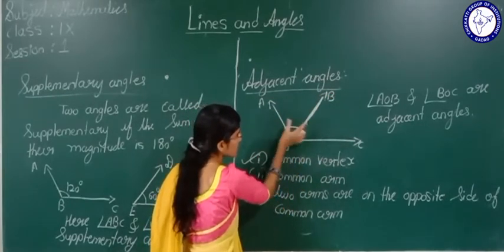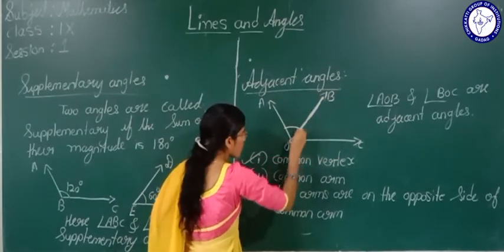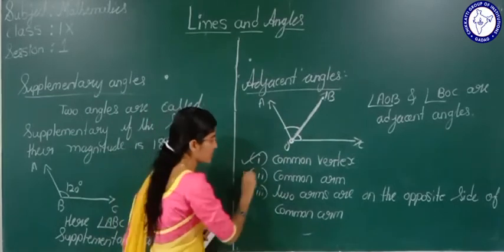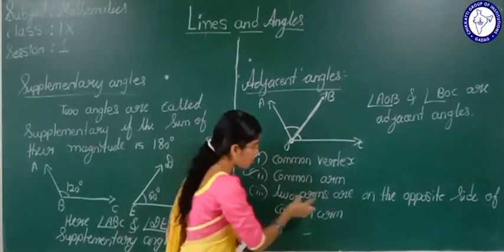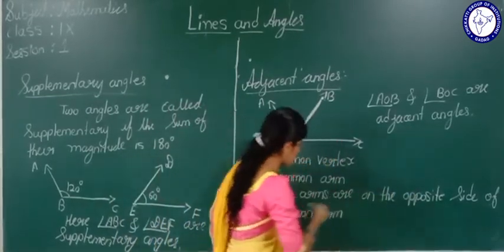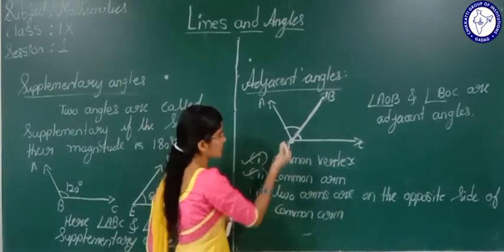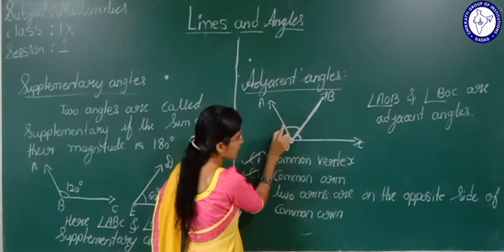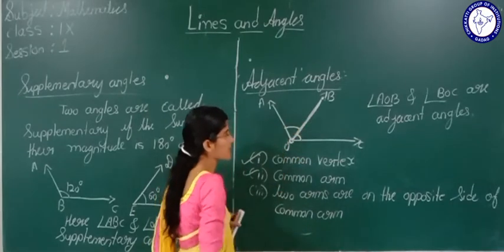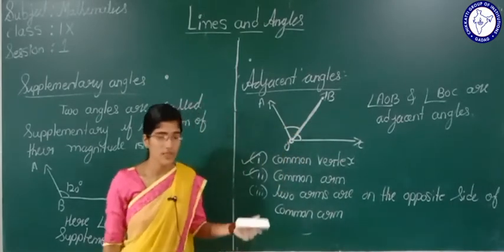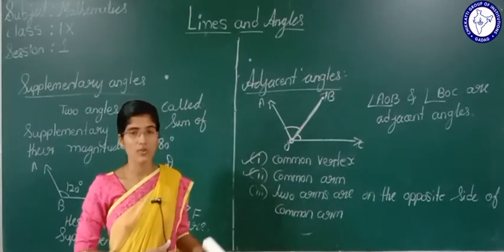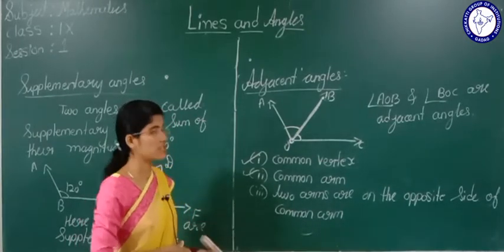For both these angles, OB is the common arm. This is the point number 2. Two arms are on the opposite side of common arm. See here, the remaining two arms are on the opposite sides of the common arm. If these three conditions are satisfied, then those angles are called adjacent angles.